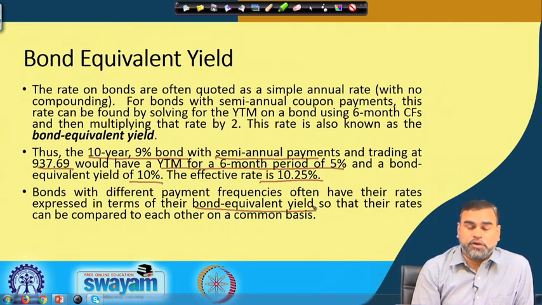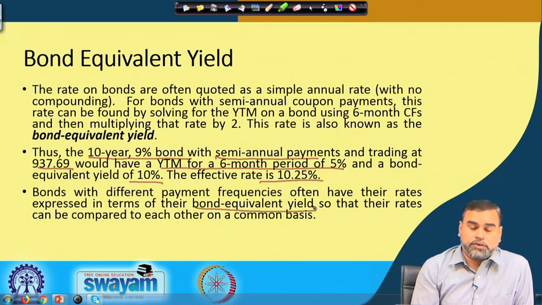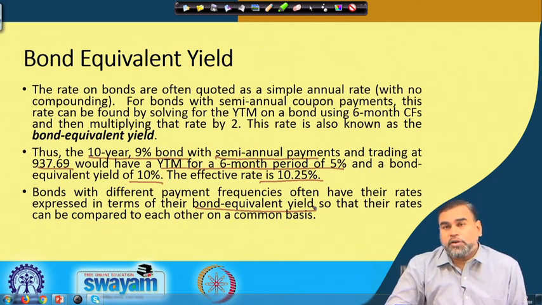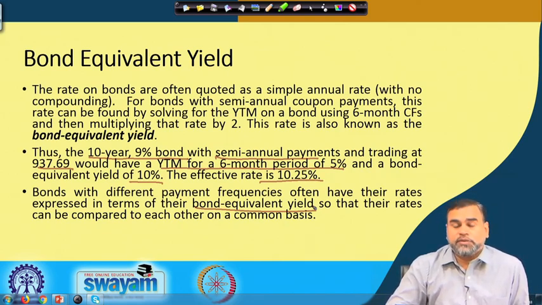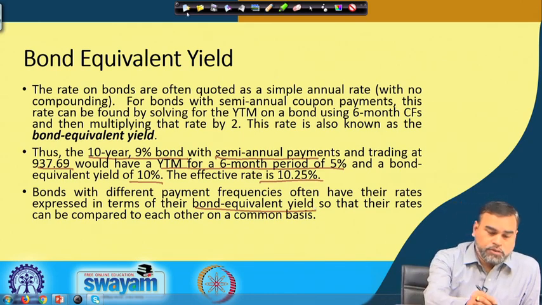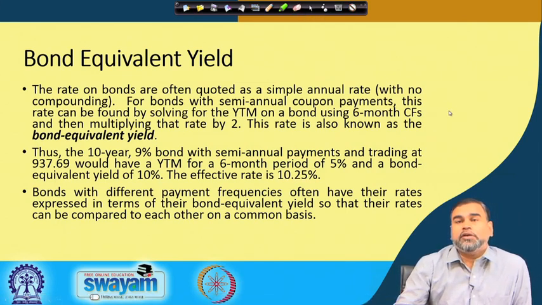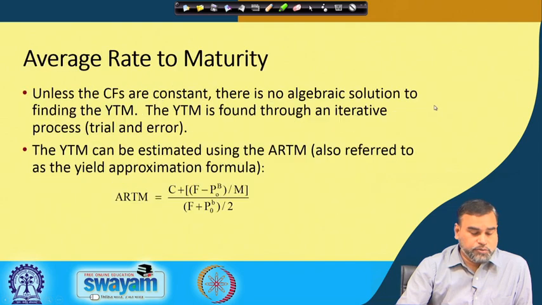That means you have to convert everything either to the simple annual rate, or you can calculate the effective rate. If you are comparing a bond which pays the coupon semi-annually with another bond which pays the coupon annually, then for comparison purposes the bond equivalent yield concept is used. You only have to convert everything to an annual basis.